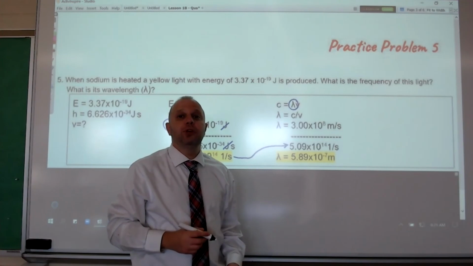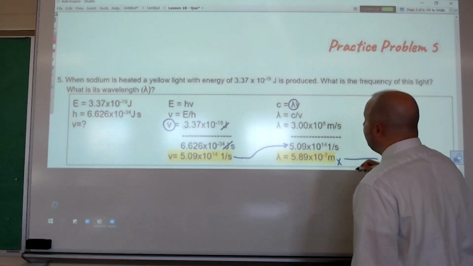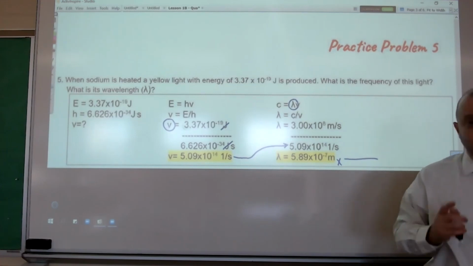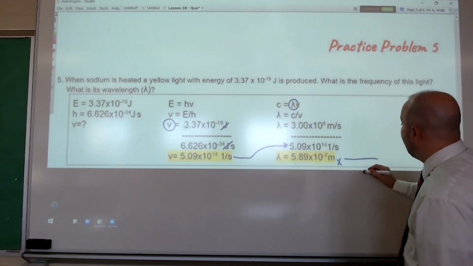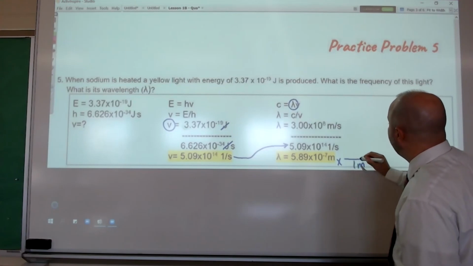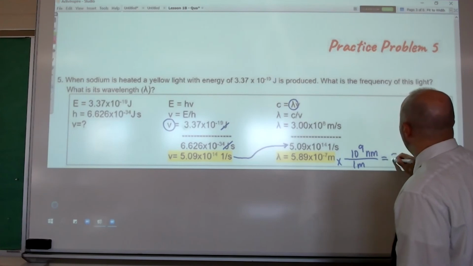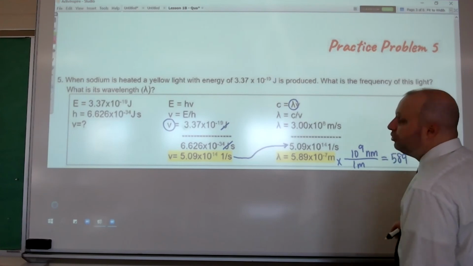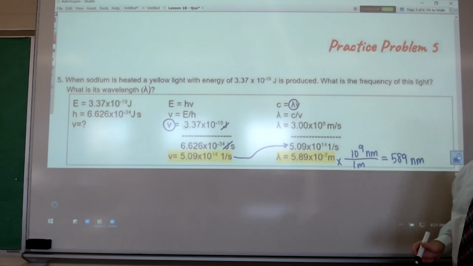Now, for those of you in accelerated honors, you might be expected to, on a test or a quiz, convert this wavelength into nanometers. So again, 1 meter is 10 to the 9th nanometers, which is going to be 589 nanometers.